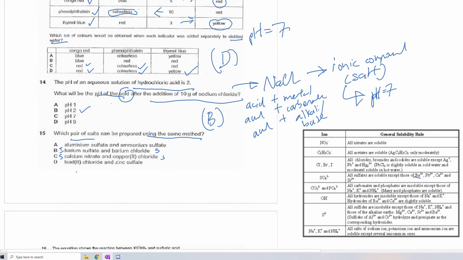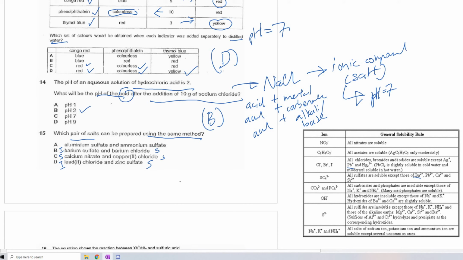Next, lead 2 chloride and zinc sulfate. Lead 2 chloride, lead is over here, so lead chloride must be insoluble. For zinc sulfate, because zinc is not shown over here, it must be soluble.